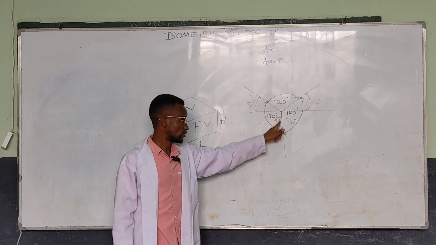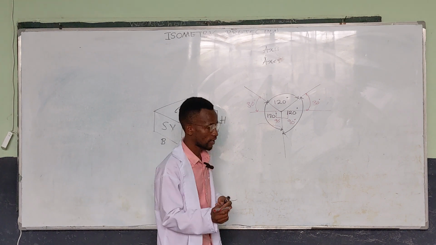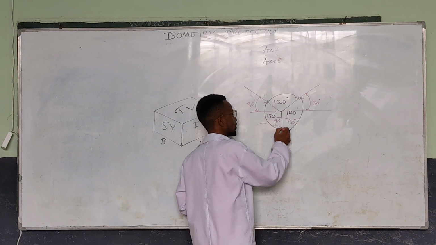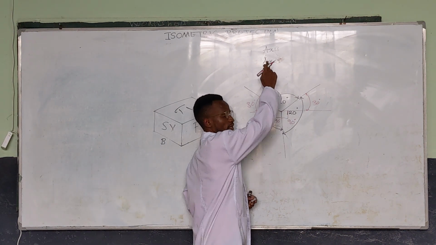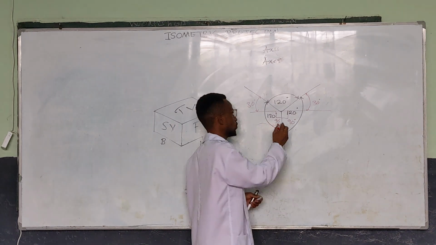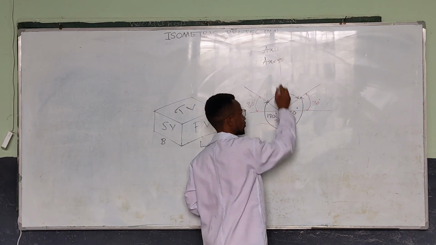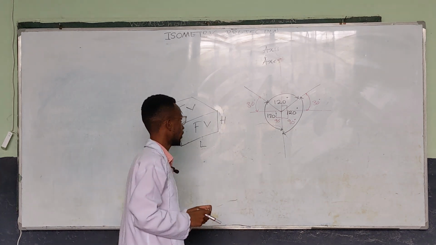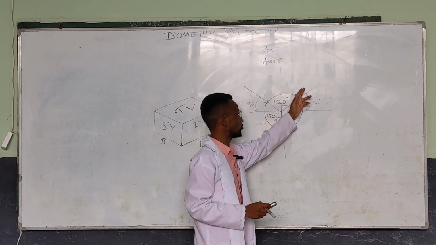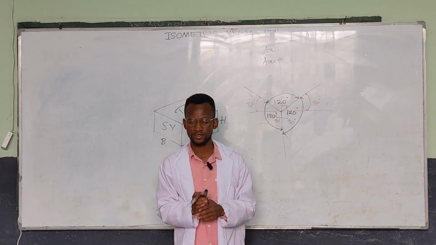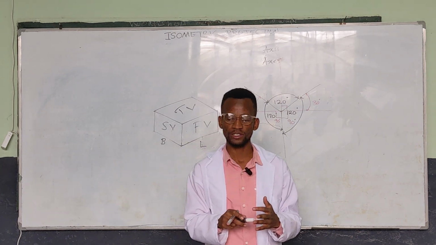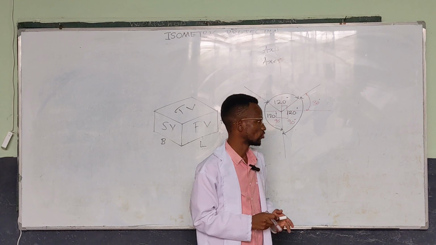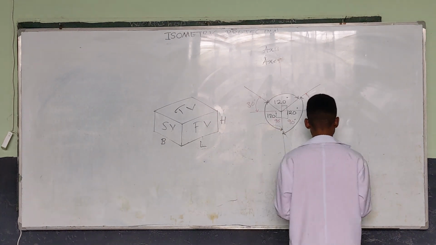This one is still 90. And even if we extend this 90 to this side, it will still be 90 with the horizontal. Understand? So what is that telling us? It is saying we can draw these 3 axes, I mean, 2 horizontal axes and 1 vertical axis.